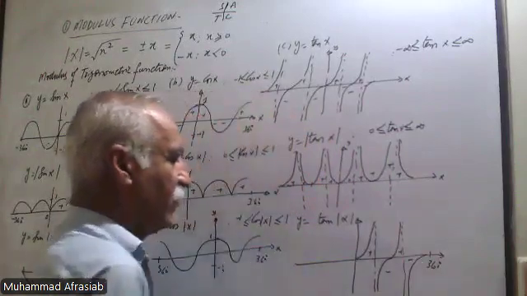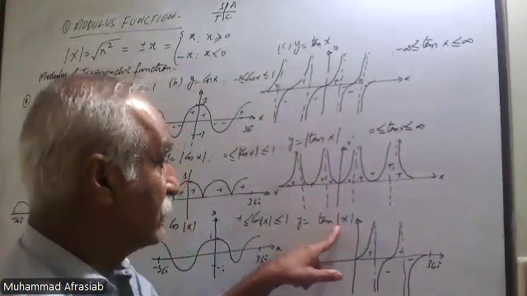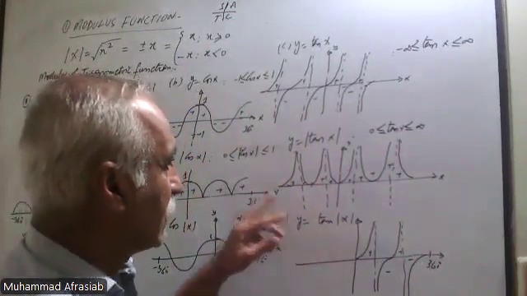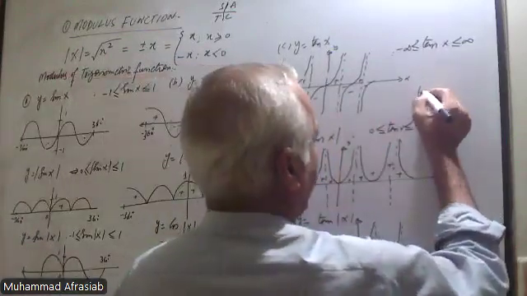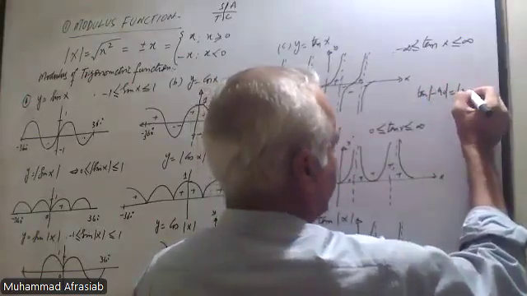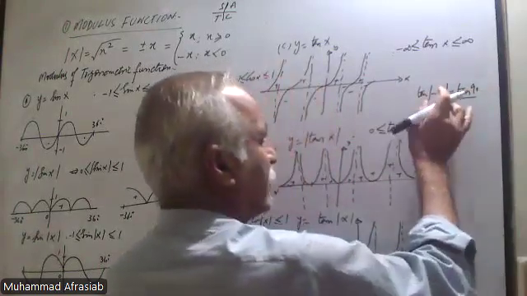For the negative values of x, because of the modulus of x, tangent of minus 90 will be the same as tangent of 90, because minus 90 will become positive 90.